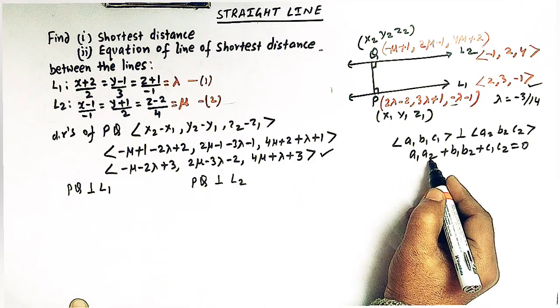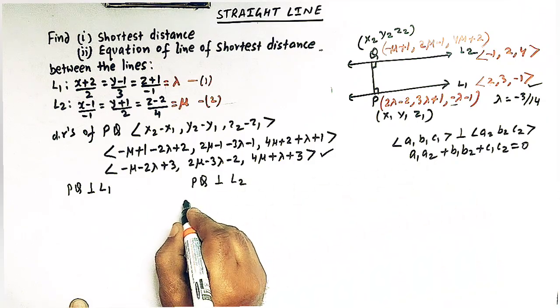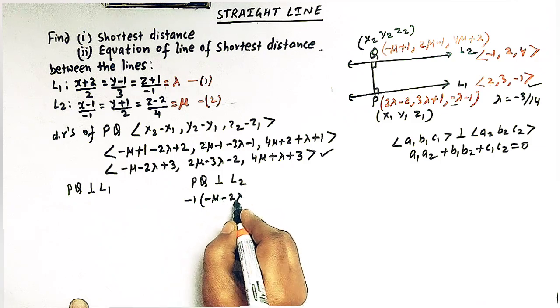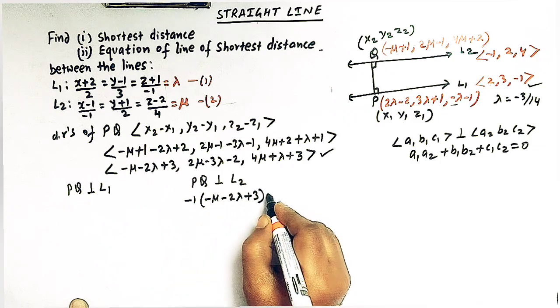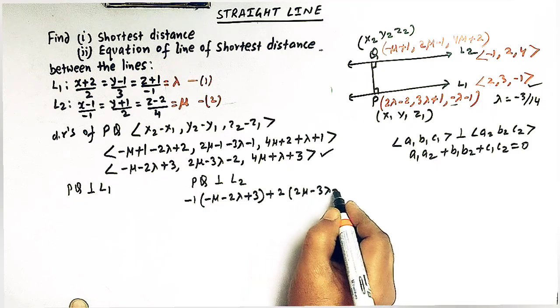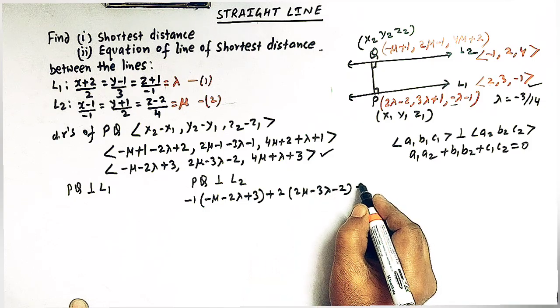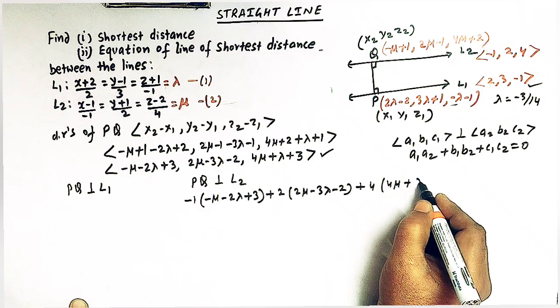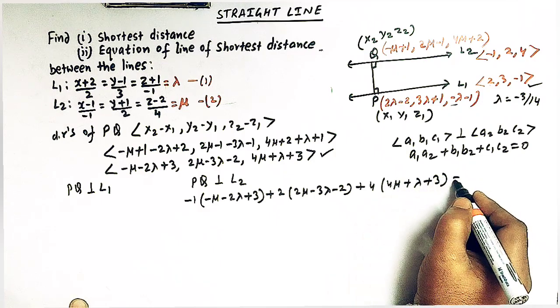So now applying this condition, we have -1 times minus mu minus 2 lambda plus 3, then we have 2 times 2 mu minus 3 lambda minus 2, and then we have 4 times 4 mu plus lambda plus 3 is equal to 0.